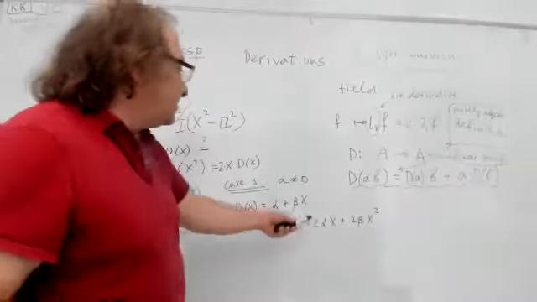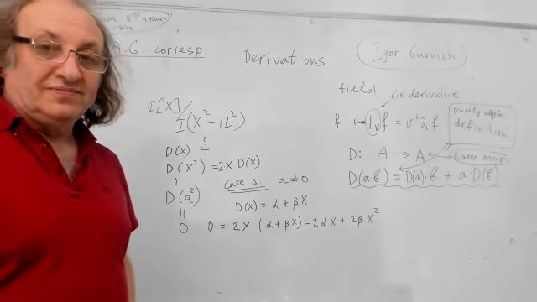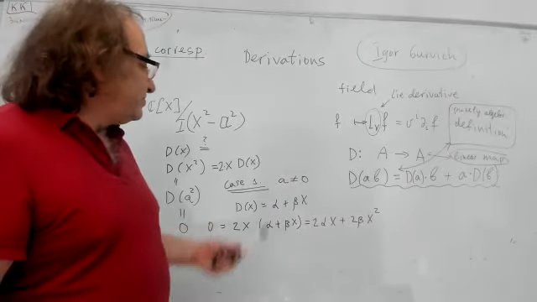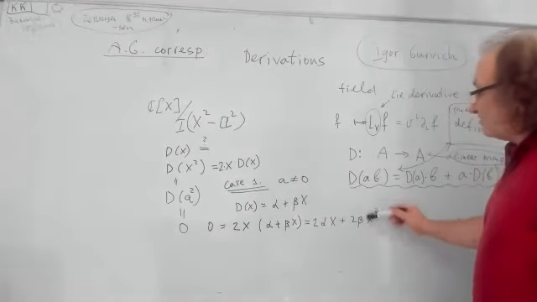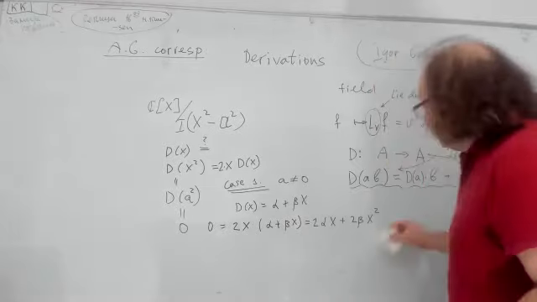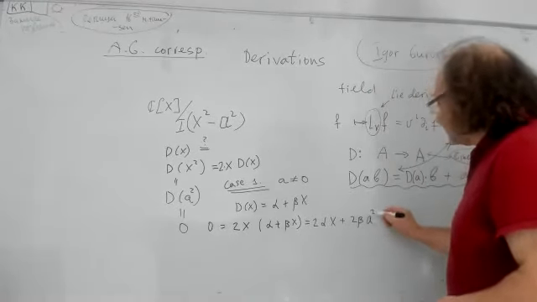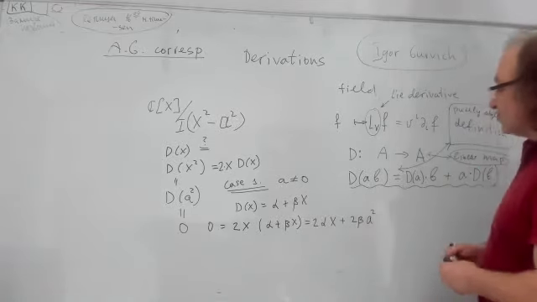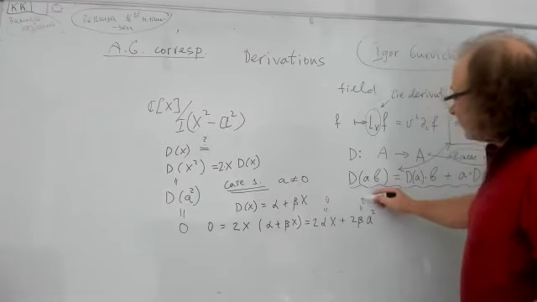Let us analyze. Could it be equivalent to 0? Let us simplify. So x squared seems to be a squared. And this equals 0 only if alpha is 0 and beta is 0.